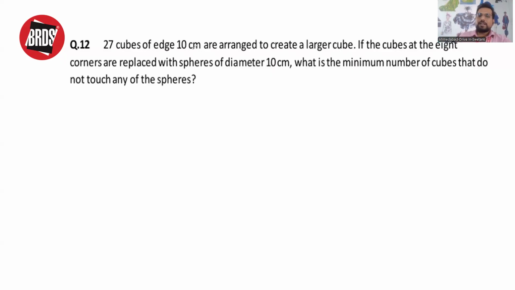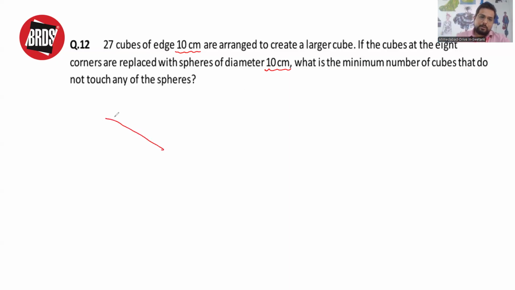The dimension is only relevant in this part: whatever the side of the cube is, the same is the diameter of the sphere. Nothing other than this is important information about the dimensions. It's all about complete visualization, and you could easily get the answer. They have asked, what is the minimum number of cubes that do not touch any of the spheres?